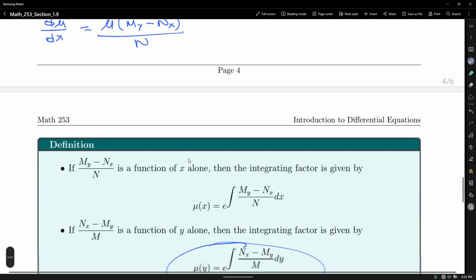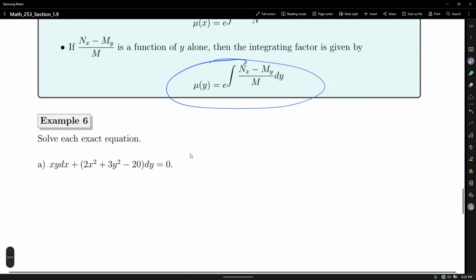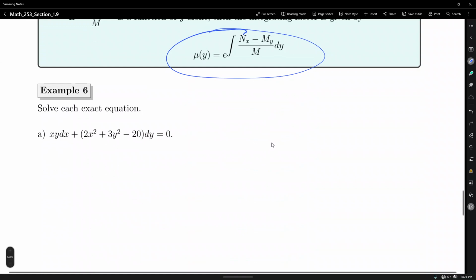Solve this equation: xy dx plus 2x squared plus 3y squared minus 20 dy. Number one, let's check the partial of m with respect to y. Do you guys agree this is x? And the partial of n with respect to x, what is that equal to? 4x. Oh, shoot.